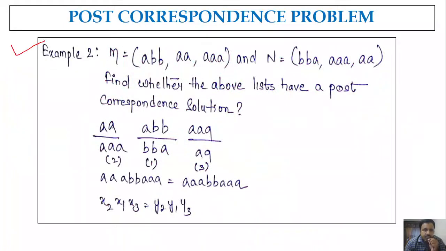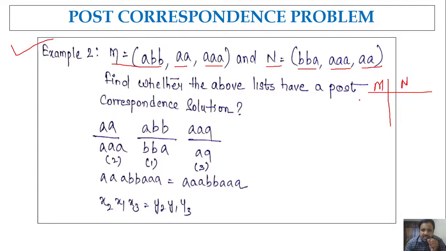Next one, second problem. Here we have a list M equal to ABB, AA, AAA, and N equal to BBA, AAA, AA.